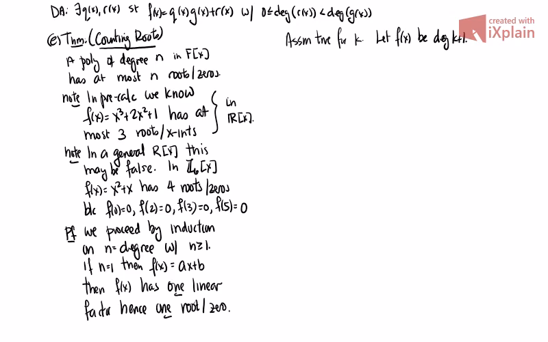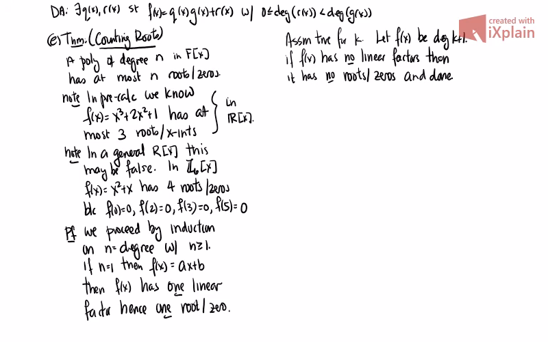So one of two things is true. Either it has linear factors or it doesn't. All right, so if f of x has no linear factors, then it has no roots or zeros, and we're done.